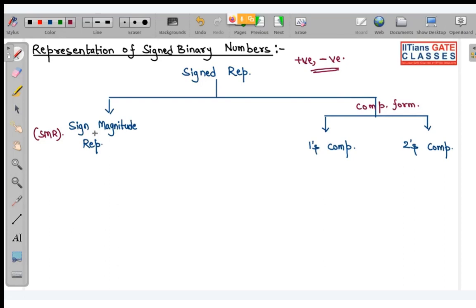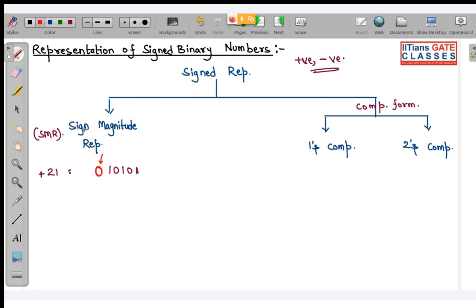Okay. So now in sign magnitude representation, how do we represent positive and negative numbers? So plus 21, how did we represent it? We represented it as 1 0 1 0 1. Now in sign magnitude representation, we have one more bit and that represents your sign. It is the leftmost bit in your number.